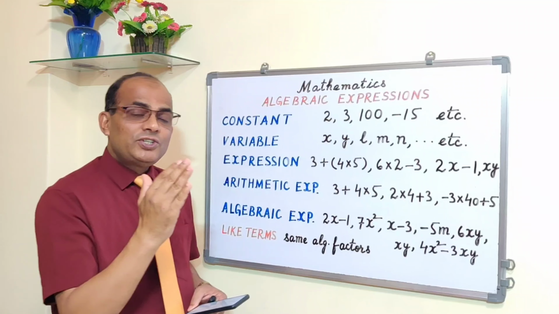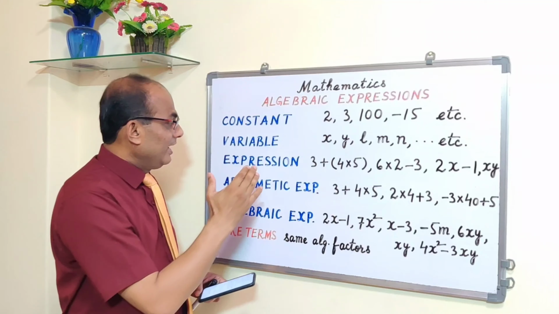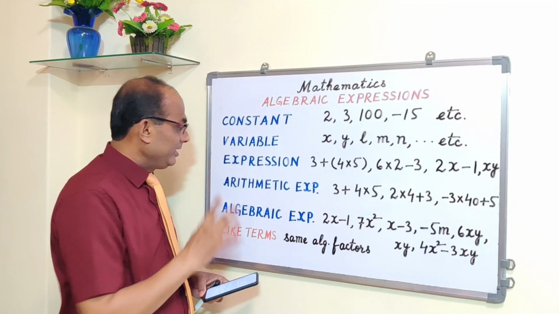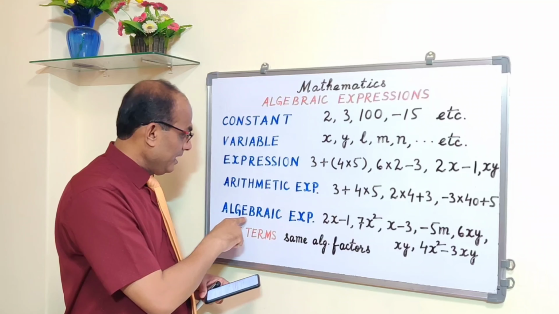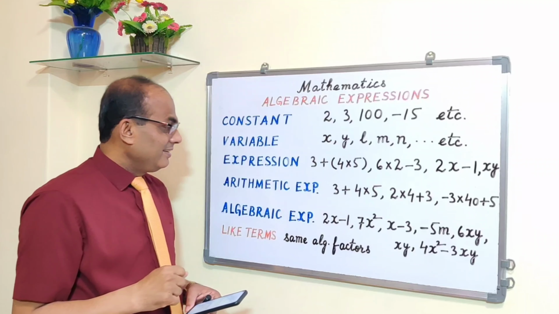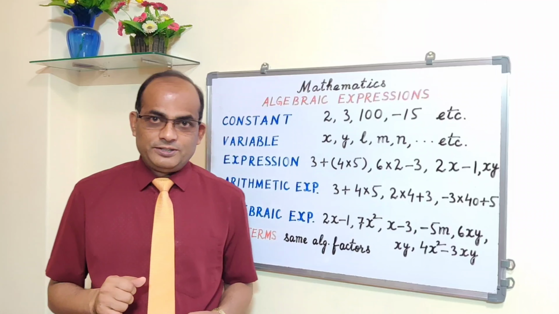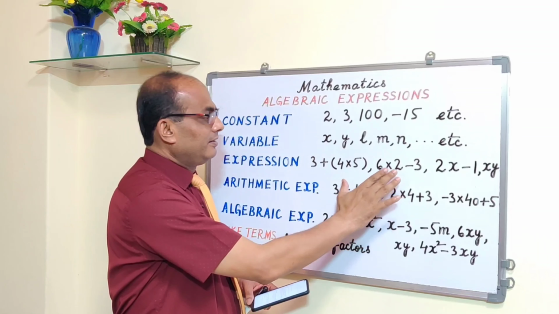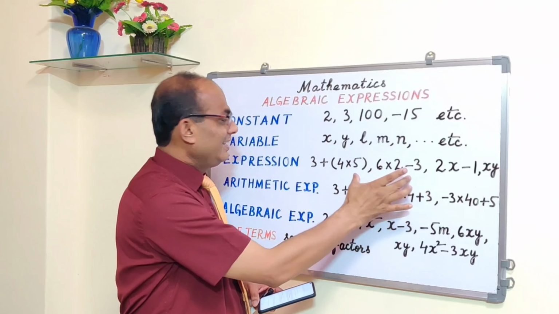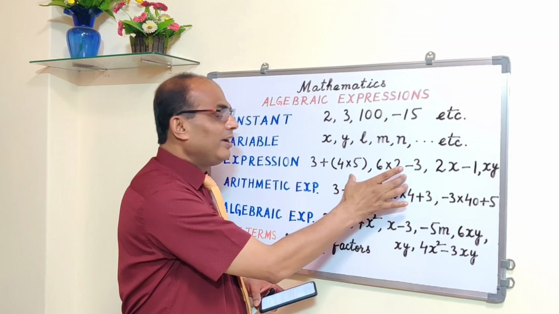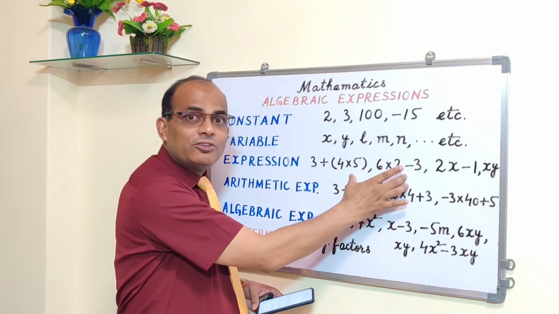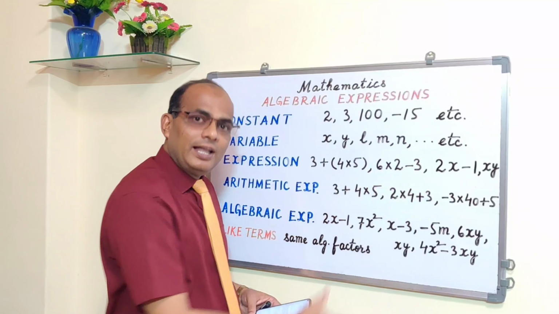Now the expression we can divide into two types. One is arithmetic expression and the second type is algebraic expression. Here you will find I have written these expressions. In this you will find some arithmetic expressions or number expressions and some algebraic expressions.